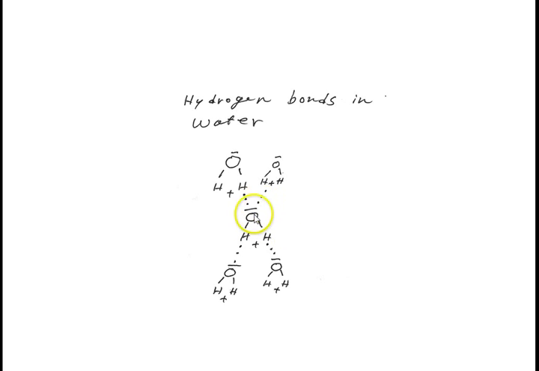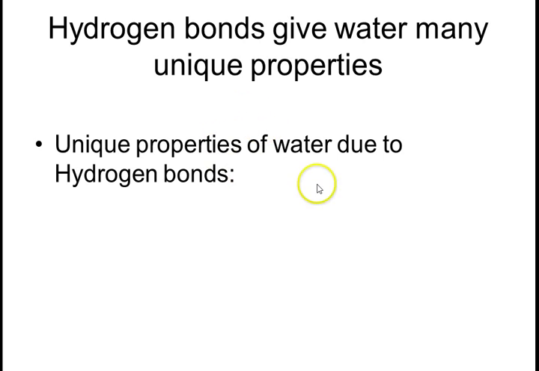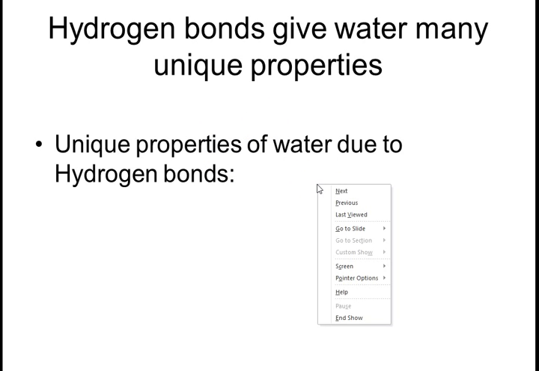Okay? So in water, each water molecule is bonded to other water molecules around it. Okay? So there's a diagram from your textbook, and just a little better artwork than what we had in the previous diagram.